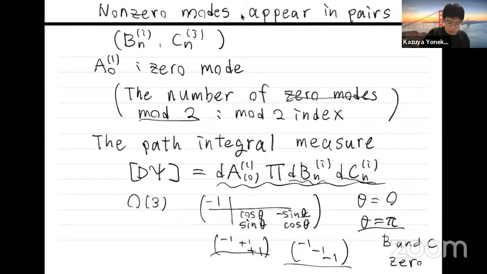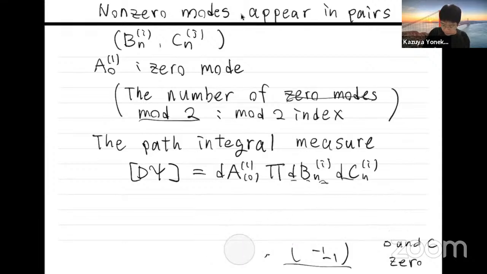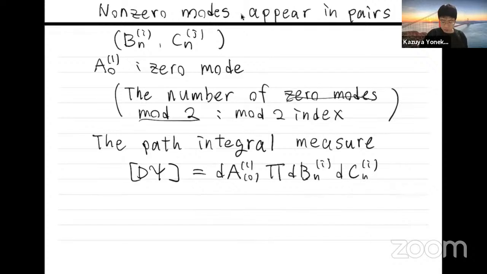Okay, so maybe I should erase it. Okay, so this is the path integral measure for the fermion. And now we consider a symmetry, which I denote by (-1)^F. So this is what is called fermion parity.